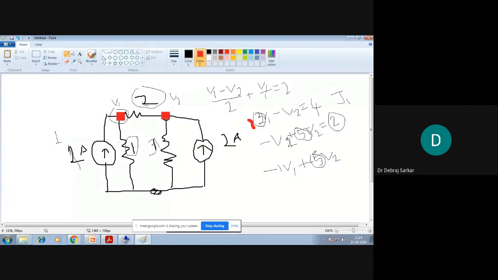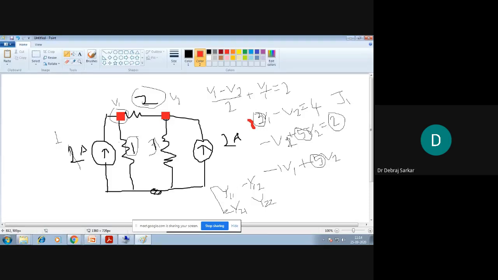So if I write it in matrix form, it will be Y11, minus Y12, minus Y21 and Y22, right?